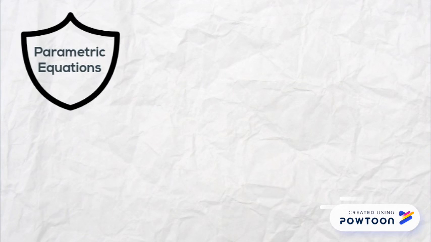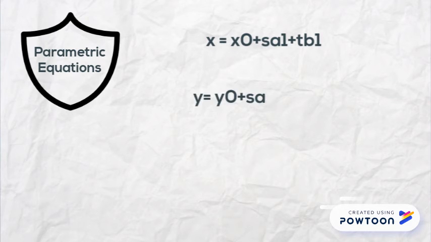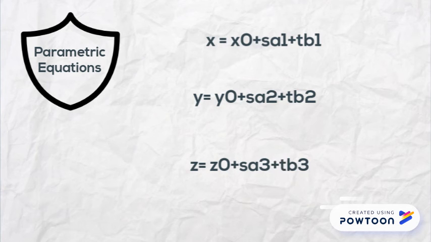And parametric form: x equals x0 plus s a1 plus t b1, y equals y0 plus s a2 plus t b2, z equals z0 plus s a3 plus t b3.